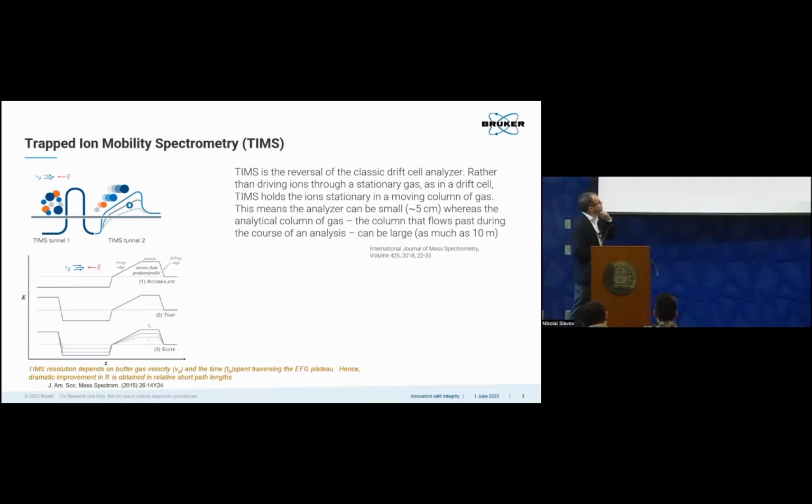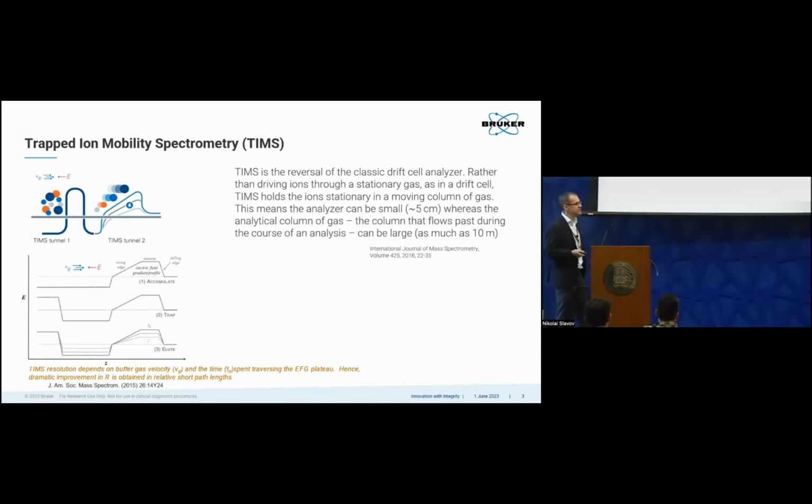Another way of thinking about this is nicely described by our colleague Mark Ridgway in this publication: thinking about TIMS as being like a reverse of the classic drift cell experiment. Rather than driving the ions through a stationary gas phase as we do in a drift cell, we're holding the ion stationary in the electric field and moving a column of gas across the ions.